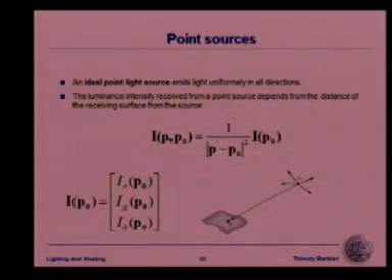A point source is most convenient because it's defined as a source which emits light in a uniform way in all directions, and per se, it has no extension. It's a point with no sides, emitting in a uniform way in all directions.